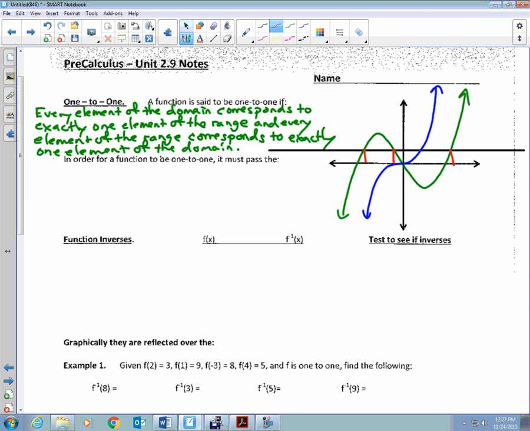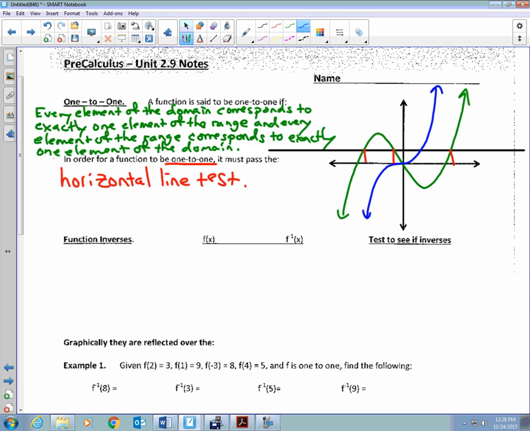So therefore, this is not one-to-one. How many times does the blue line cross that? Once. And so in order for a function to be one-to-one, it must pass the horizontal line test. It already passed the vertical line test because it's a function. It also must pass the horizontal line test in order to be one-to-one.